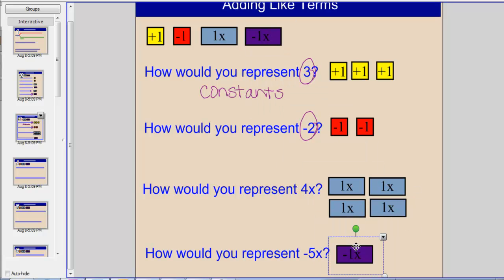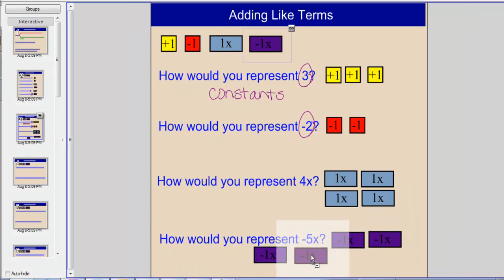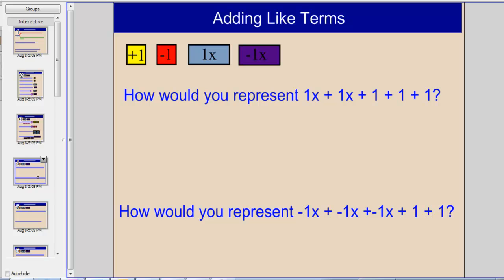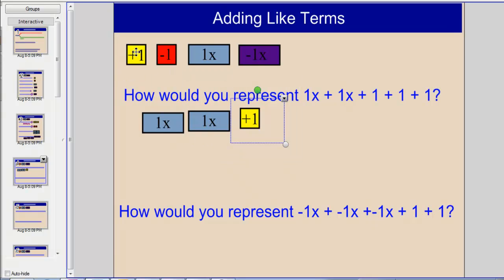We drag down 5 negative 1 x's. So that's negative 5x altogether. So now what would we do to represent 1x plus 1x plus 1 plus 1 plus 1? So what do you think? Drag down a 1x, another 1x, and 3 positive 1s.